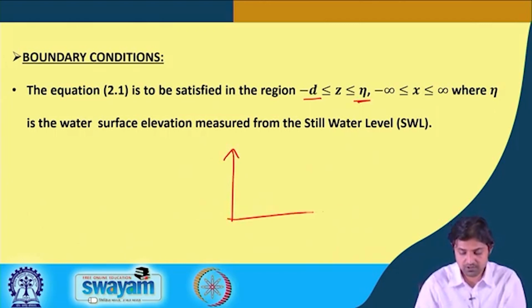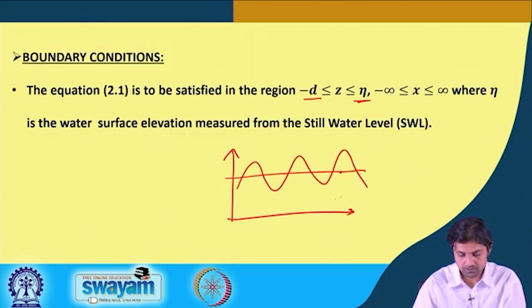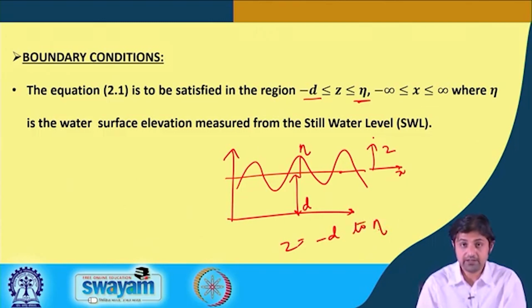The origin is at the free surface, so z should be satisfied from minus d to eta, all right, and we have considered the entire ocean, so x will be minus infinity to plus infinity.